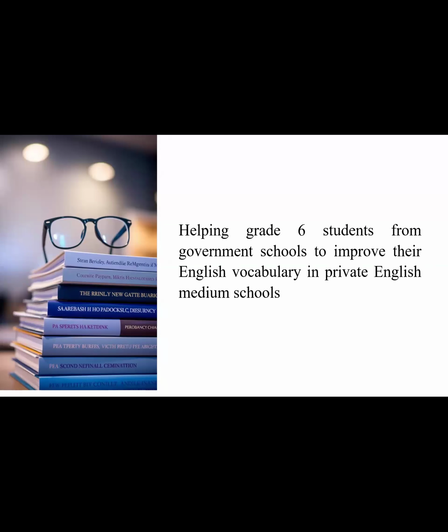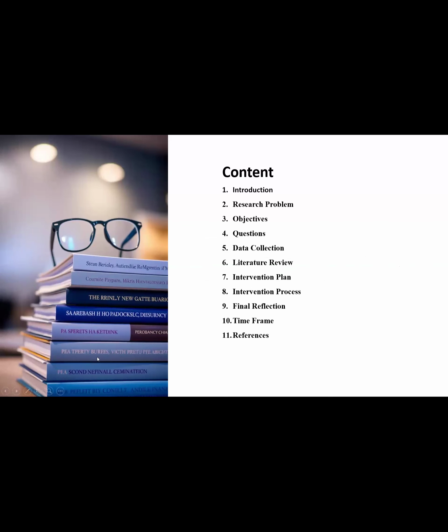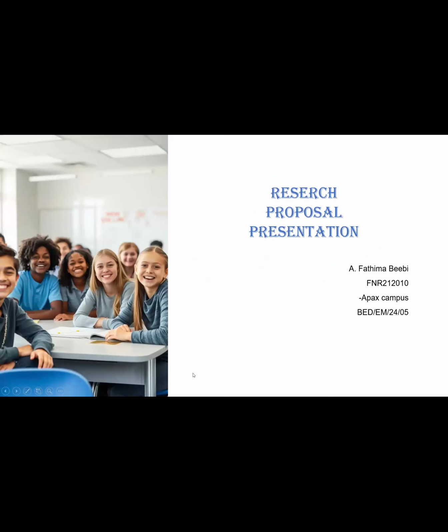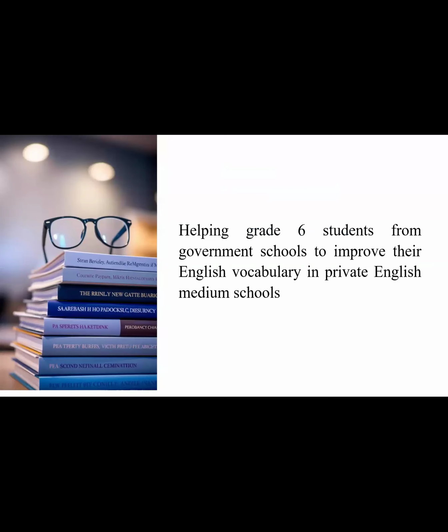Wait, Putta. That means what is the target? Where did you select this target group? Go to the topic again. Helping grade 6 students from government schools to improve their English vocabulary. What's that? I can't understand. Can you explain?